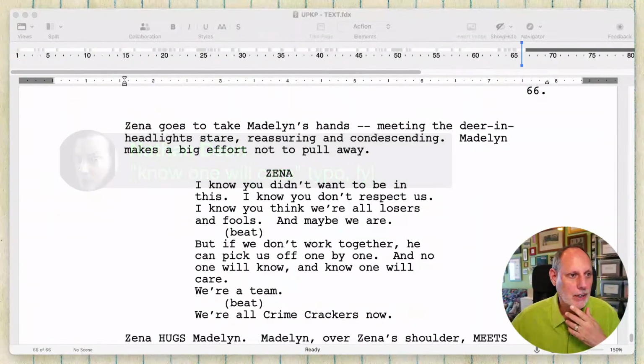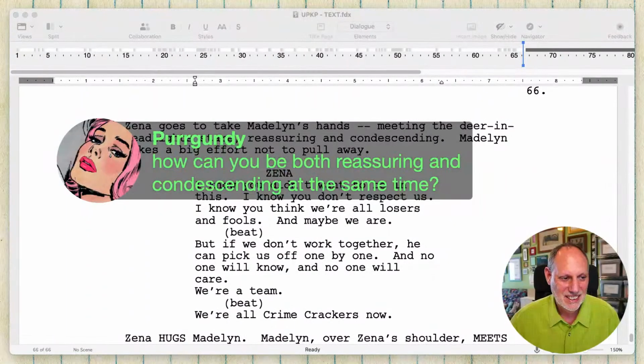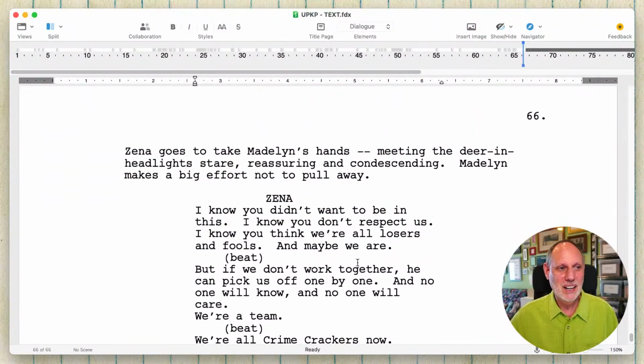Well, yes, that's the whole point, I think you can be both reassuring and condescending. In fact, living in Los Angeles, I know many people who are both reassuring and condescending at the same time.